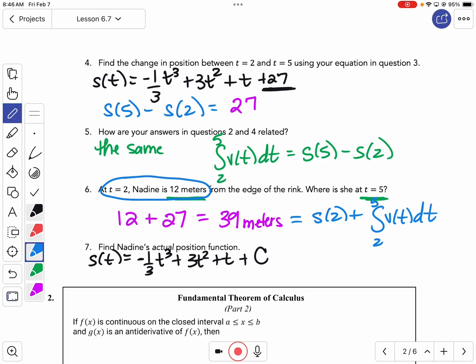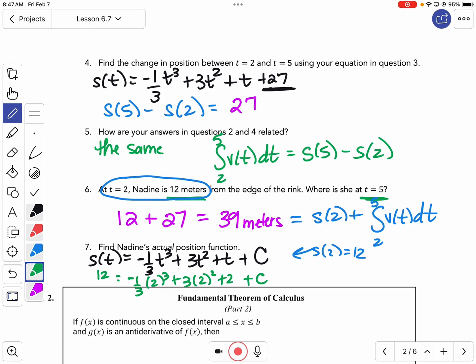We're going to use this information right here, this initial condition. They told me at t equals 2, her position was 12. So they gave me that S at 2 was equal to 12. We're going to plug that in and solve for C. So we would have 12 is equal to negative 1/3 times 2 cubed plus 3 times 2 squared plus 2 plus a constant.